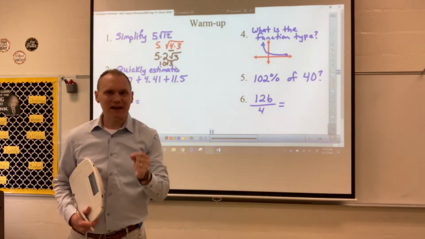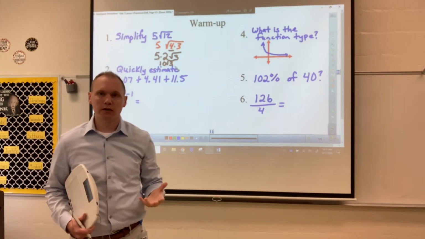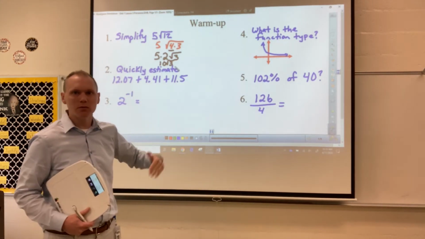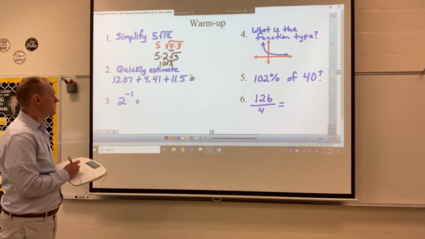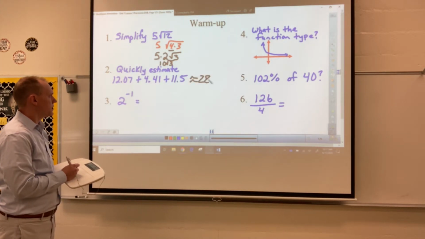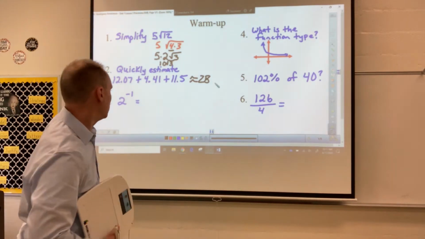I know it's not exactly another whole dollar, but it's fairly close. So if you're quickly looking at these numbers, you might estimate that your bill would be approximately $28. So just quick estimation skills there.